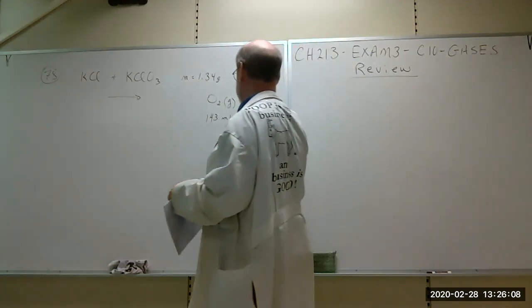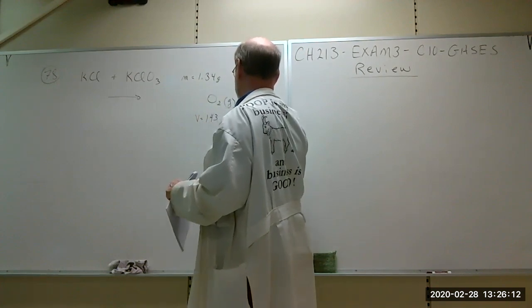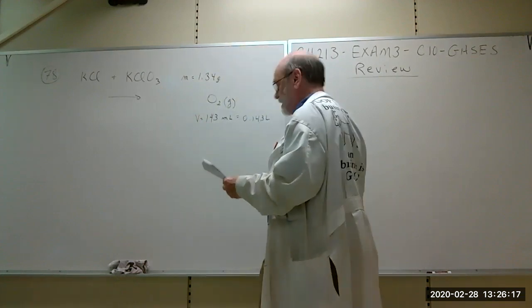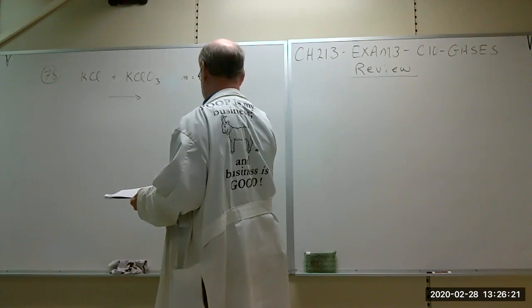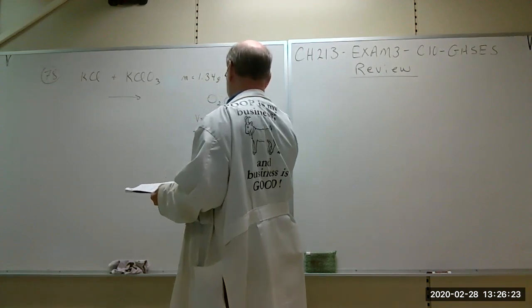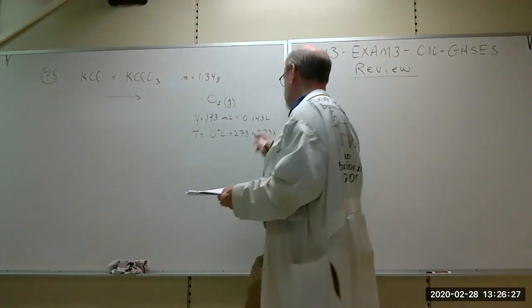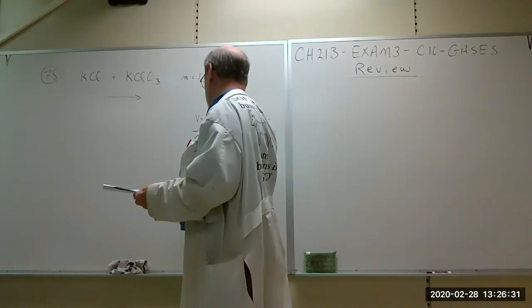Right? So this is volume, which is equal to 0.143 liters. We're probably going to need it that way anyhow. Standard temperature is, for gases, 0 degrees. That's 273 K. And standard pressure is 1 atmosphere.